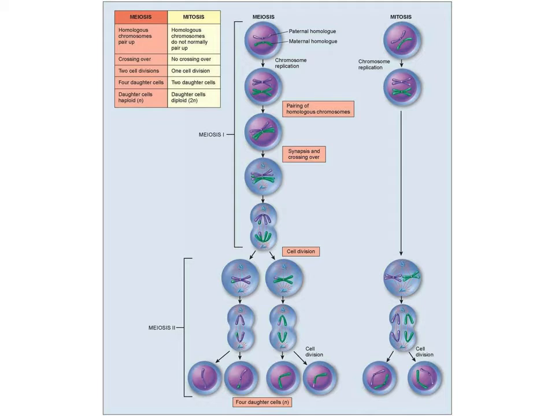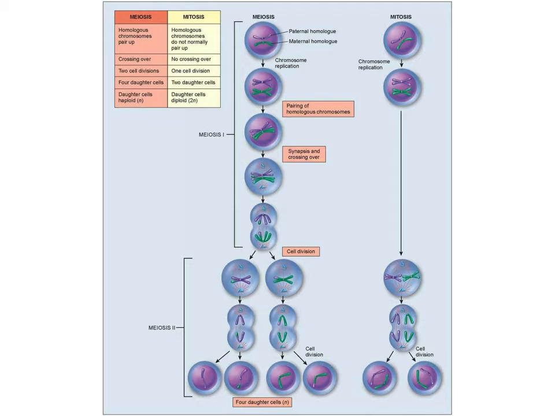We have two cell divisions in meiosis, and only one cell division in mitosis. Meiosis results in the formation of 4 daughter cells, each of which has a haploid nucleus. Whereas in mitosis, we end up with 2 daughter cells that are exact clones of the parental cell, so each daughter cell has a diploid nucleus.